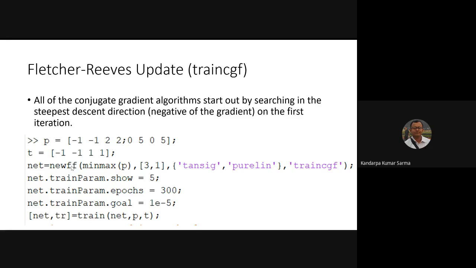While you do the training with this train CGF, we find that the conjugate gradient algorithm starts out by searching in the steepest descent direction, negative of the gradient.